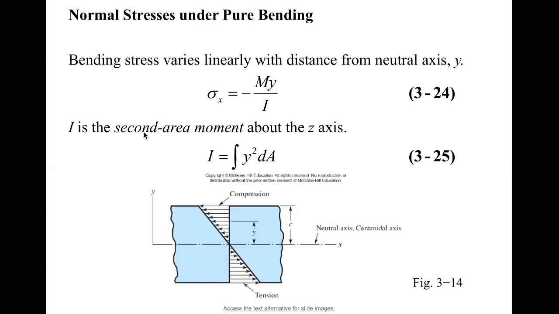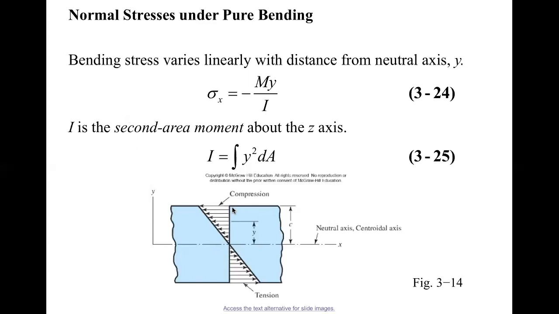And I is the second area moment about the z-axis, so it depends on the cross-section area. You can find the I. And y depends on the distance. For example, at the neutral axis, y will be 0. Therefore, sigma x equals 0.